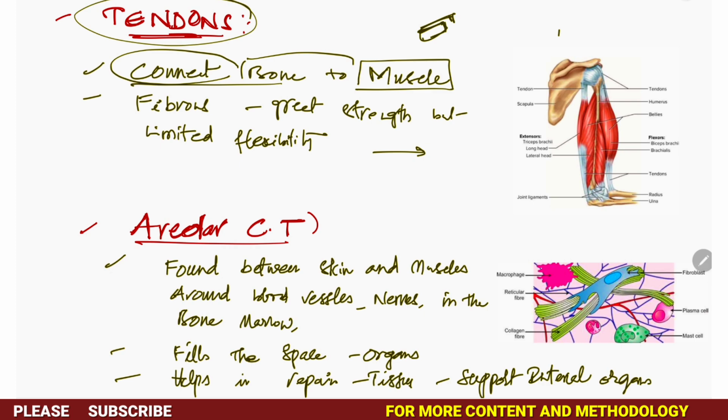You can see here, the humerus is the bone. These are the tendons. This is the muscle, and between the muscle and the bone, tendons are present. Actually it is a fibrous tissue which has great strength but limited flexibility. Okay, this is all about tendon.